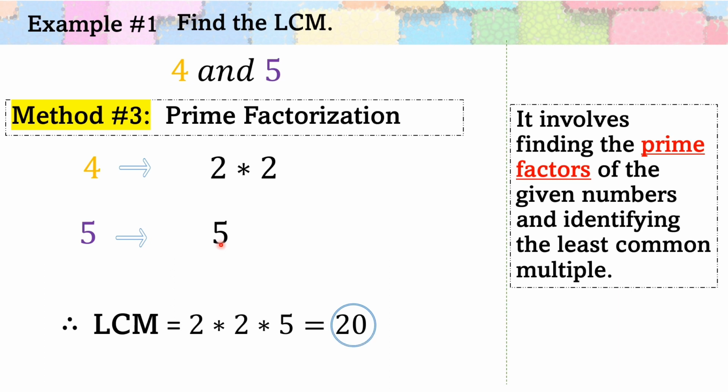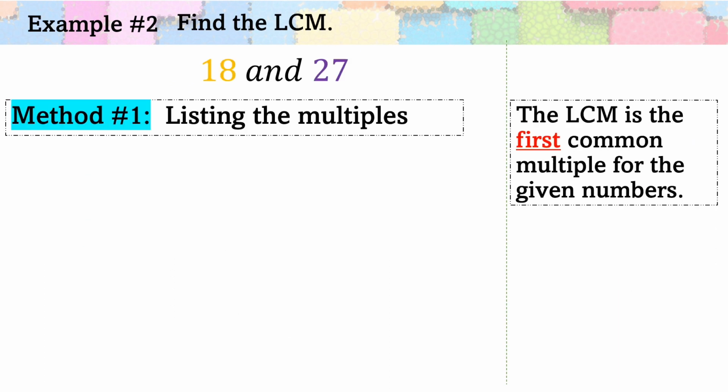Let's try another example. Number 2. Find the LCM of 18 and 27. Now let's use method number 1 again, listing the multiples. For 18, we have 18, 36, 54.